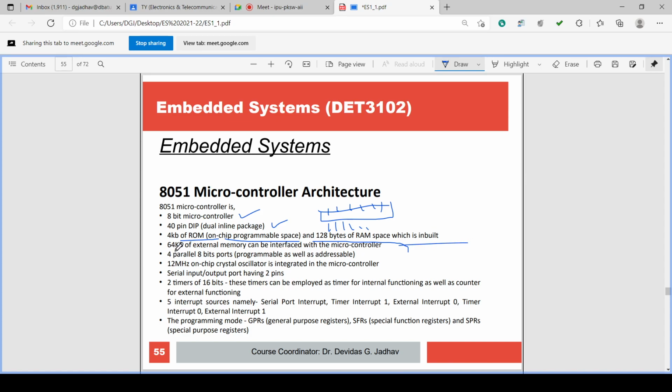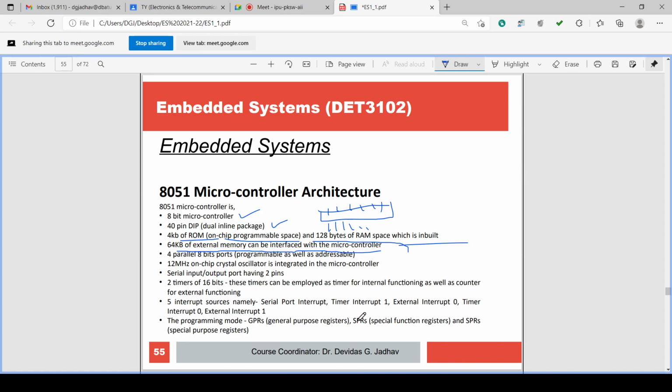Then 64 KB external memory can also be interfaced with the microcontroller. Just like 8031 requires external memory compulsorily, 8051 can be connected but it is not compulsory, because there is internal RAM and ROM in the 8051. If they are sufficient, external memory is not required. But external memory can be interfaced with 8051.